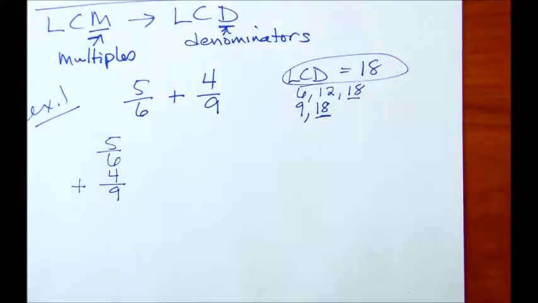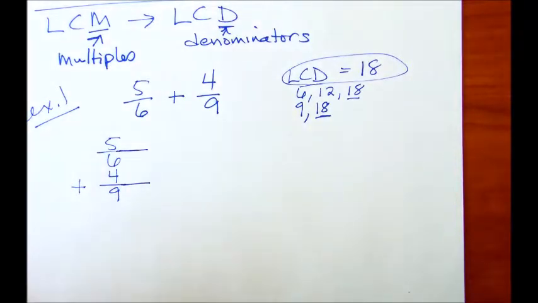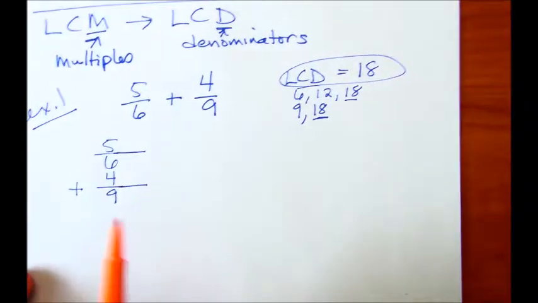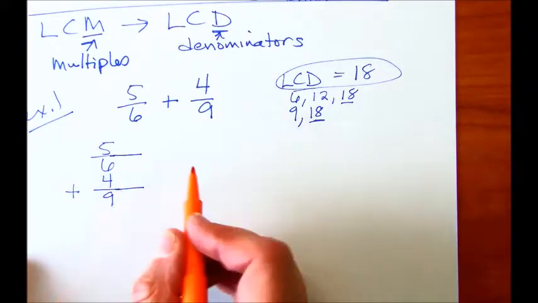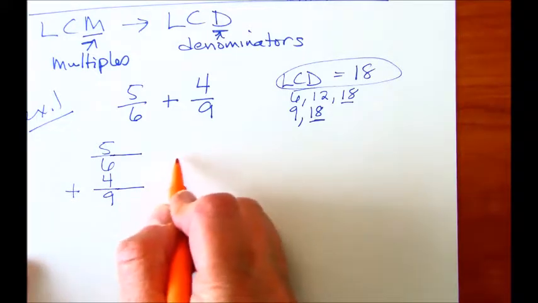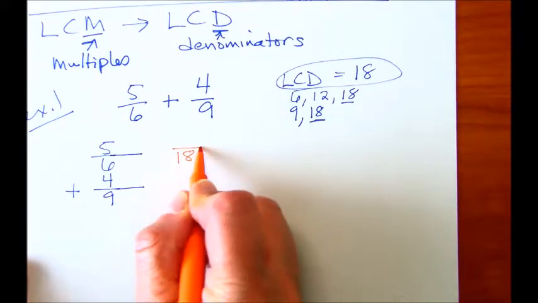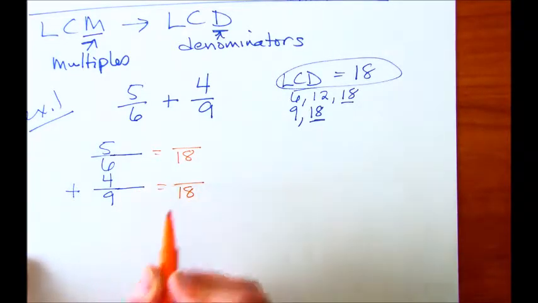Now what we want to do is extend the fraction lines out a little bit, and we're going to be multiplying the numerator and denominator for each fraction. So what we're doing is we're converting to 18ths. We know that's going to be our new denominator, so that's what we're shooting for.